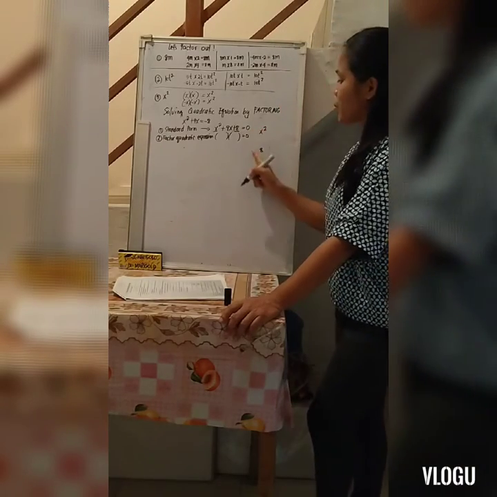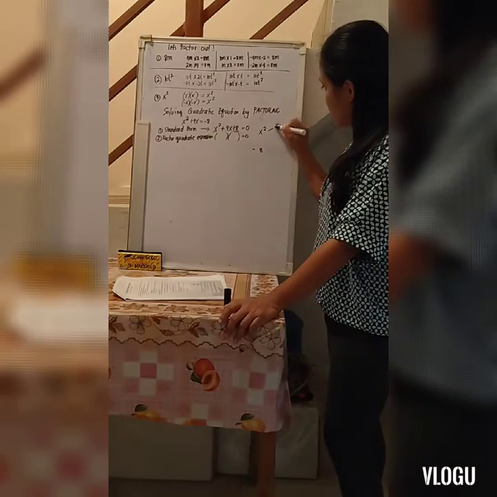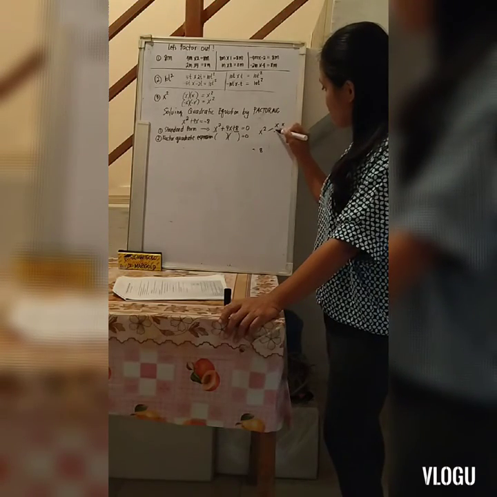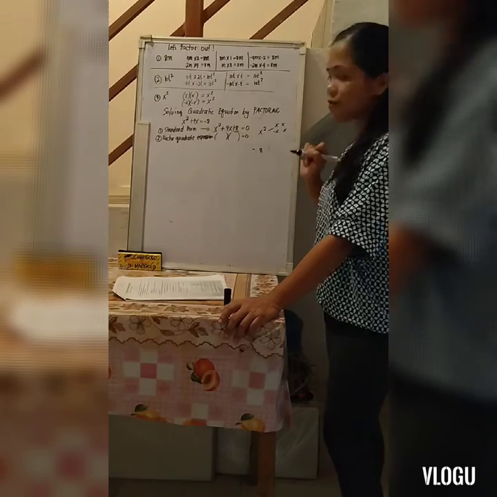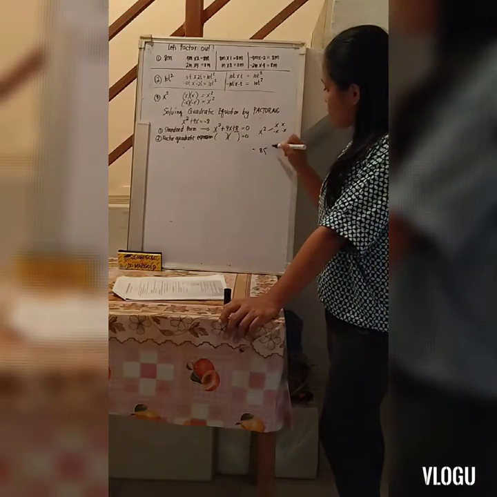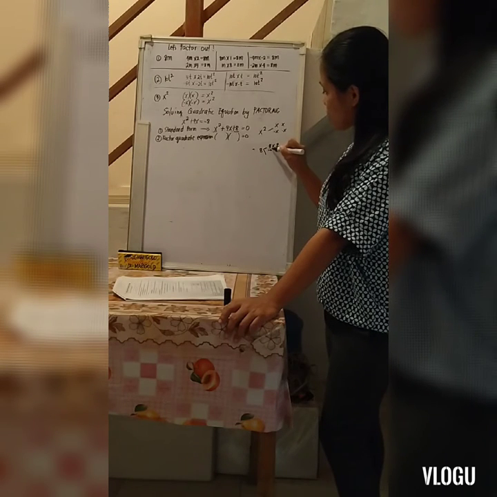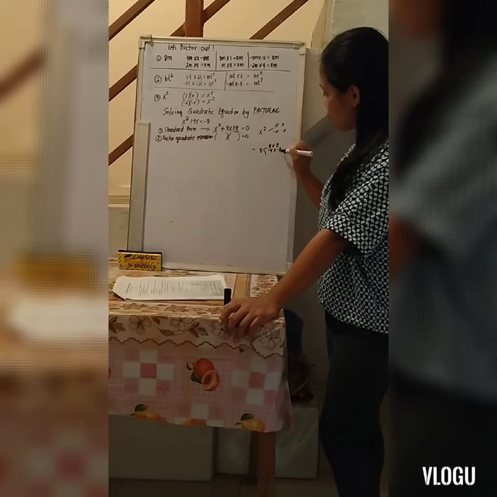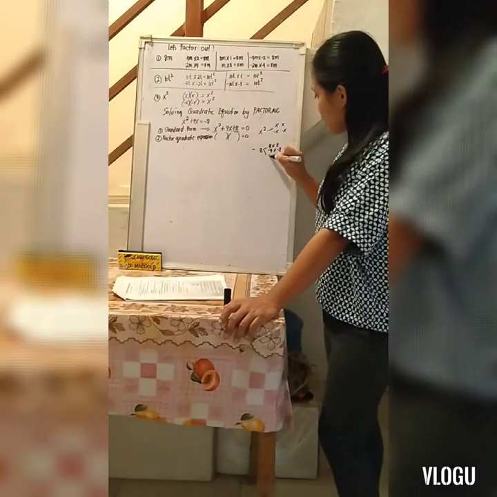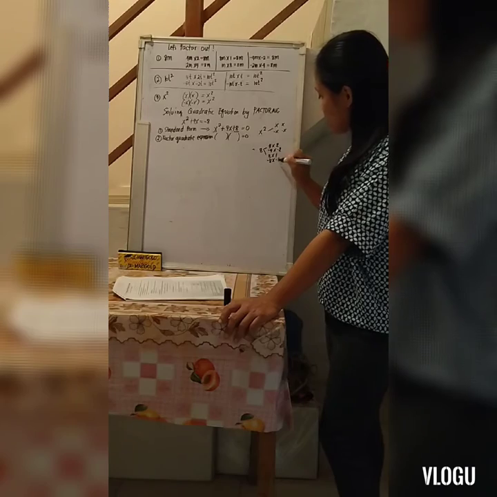What do you think are possible factors of your x squared? You have x times x, or negative x times negative x, right? How about your 8? It could be 4 times 2, or negative 4 times negative 2, or 8 times 1, or negative 8 times negative 1.